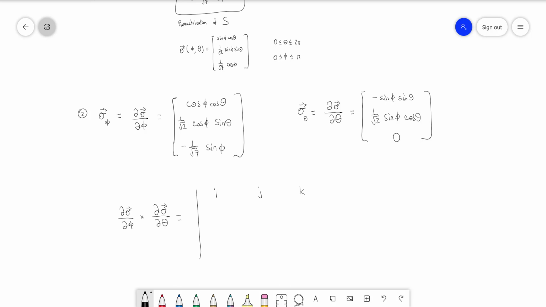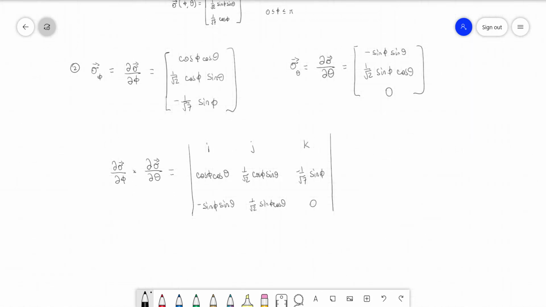Okay, so here I'm just going to set up the 3 by 3 determinant for the cross product. All right.